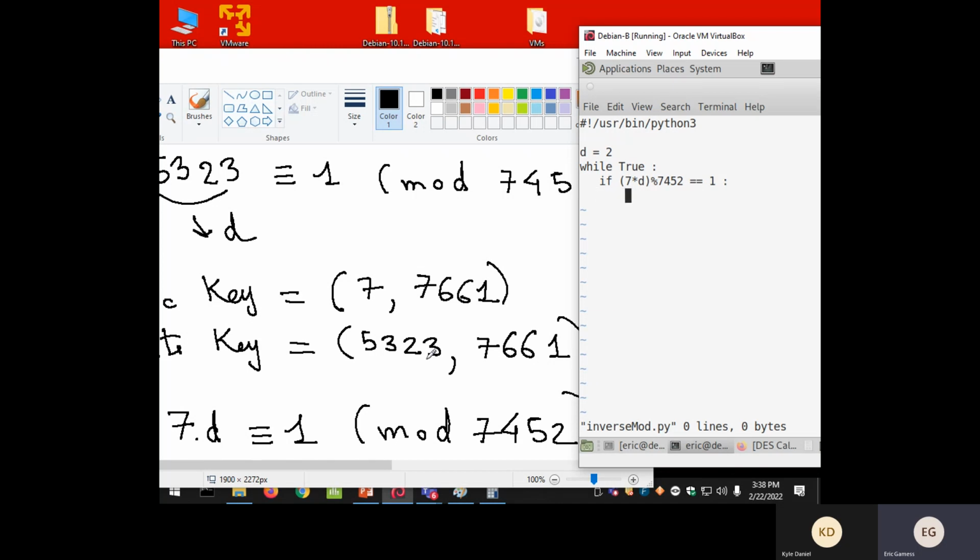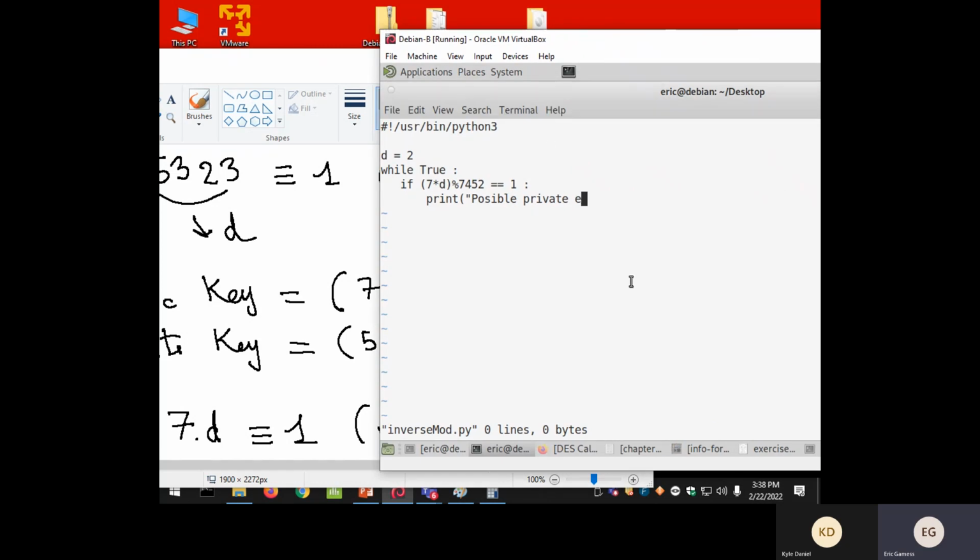So I'm going to print possible private exponent, and I'm going to show it. Possible private exponent, percentage D. And what should I do after that? I should increment D by 1 and try again.